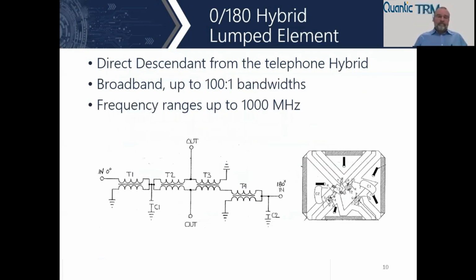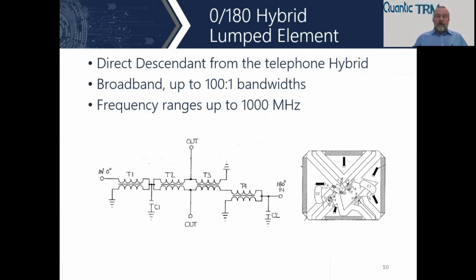Okay. Maybe you could tell us a little bit more on that end. All right, so this over here is now getting into what TRM does. The lumped element 0-180 hybrid, and it's not really quite obvious to see unless you're an engineer, but the transformer network here can be directly derived from the telephone circuit that we talked about earlier.